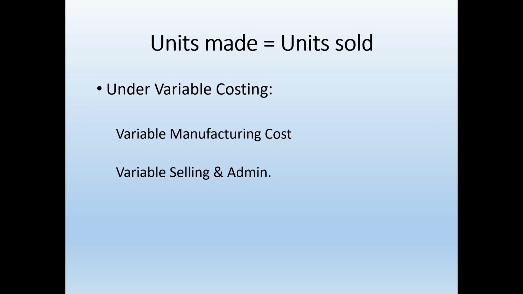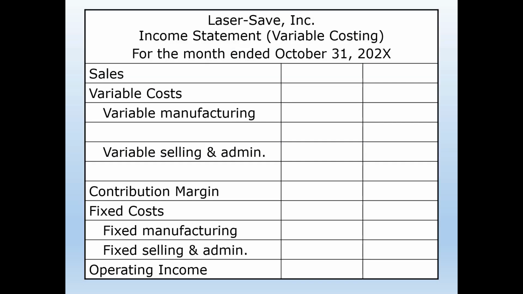Now let's take a look at the same firm in October under variable costing. We were told that the variable manufacturing cost is $23 per unit. We were also told that the variable selling and administrative cost was $1.25 per unit. Now, let's make an income statement under variable costing.